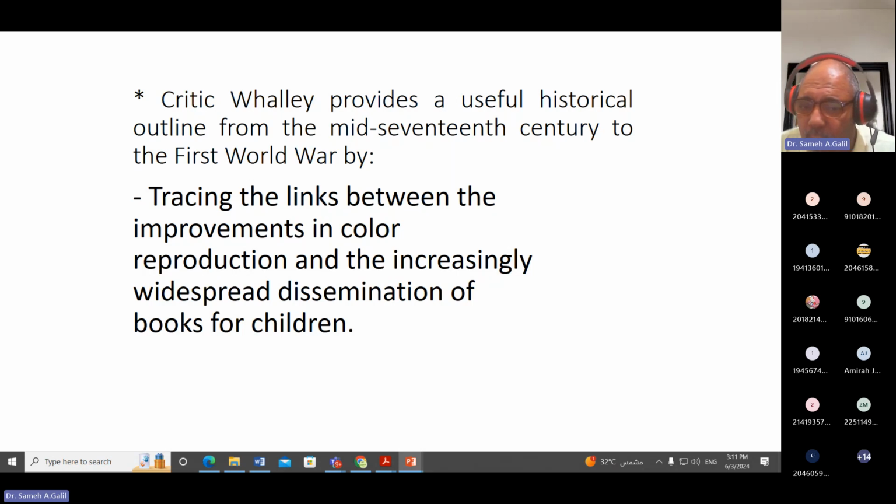So he was trying to establish and trace the links between the improvements in color reproduction and the increasingly widespread dissemination of books for children. So he was trying to link that they started to add color to those picture books, and they started to reproduce them in mass and also disseminate and spread them among the reading public.